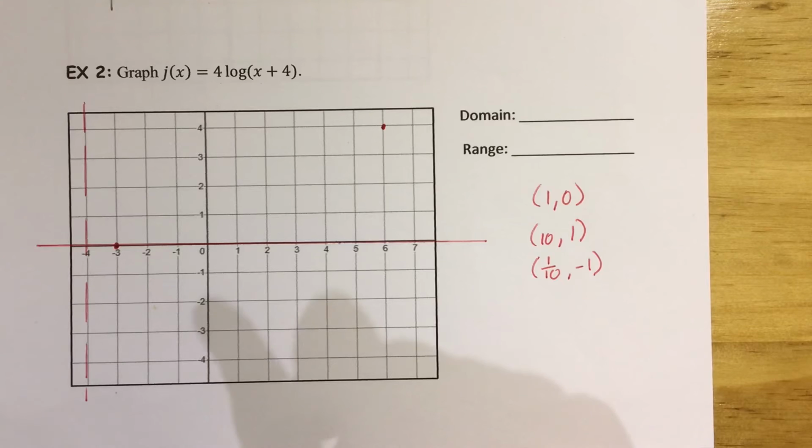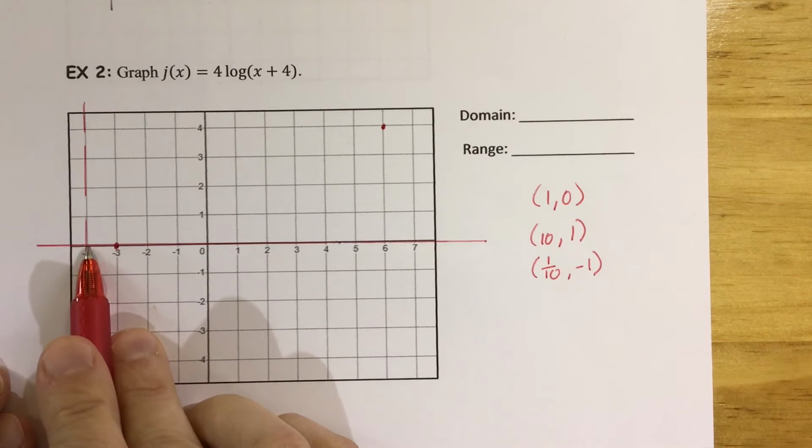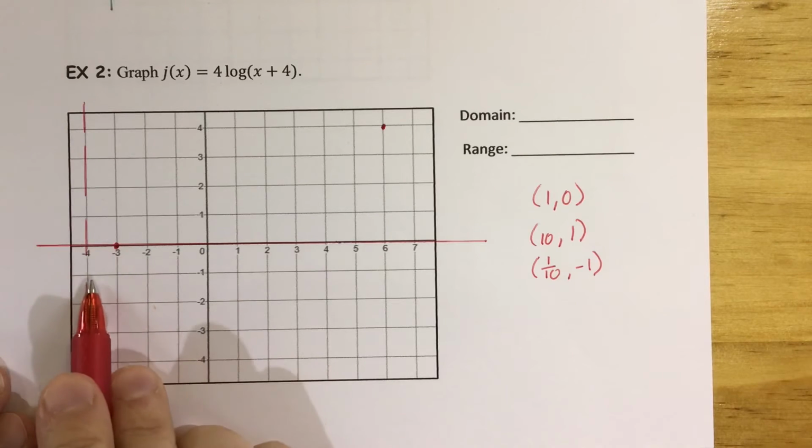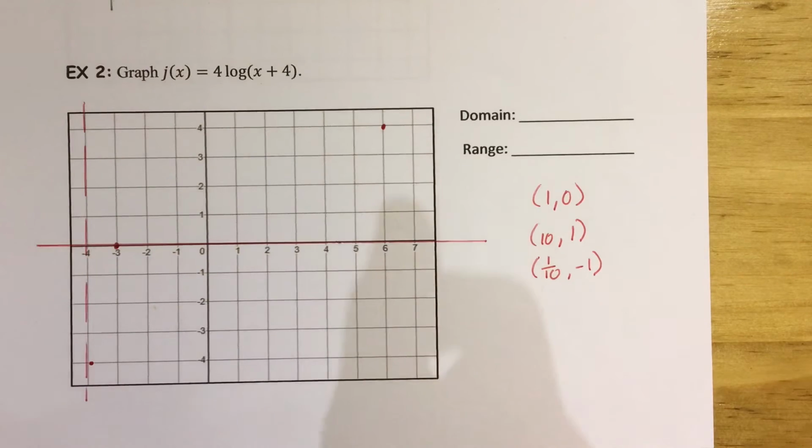So you're there. The other coordinate, again, you're not going to get much out of it because you're only going 1/10 of a unit over, so you're basically right there by the asymptote. But instead of going down -1, you're actually going to go down -4. So there's a dot, like 1/10 of the way from the asymptote, right there.